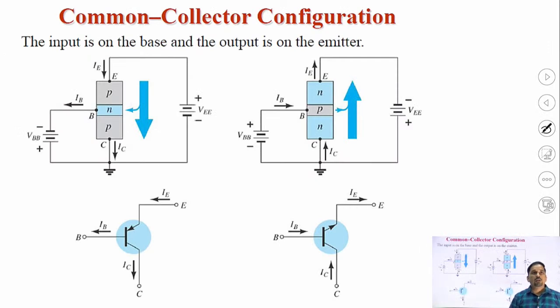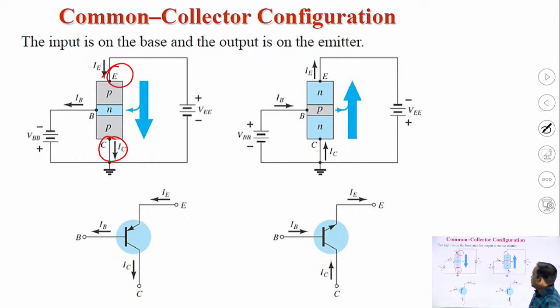Now we have the common collector configuration. As the name suggests, the collector terminal is common to both the input side as well as the output side. The only difference between the common emitter and the common collector is that these two terminals get interchanged. Emitter and collector terminals get interchanged.